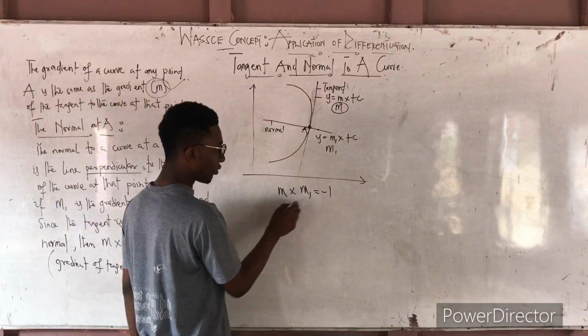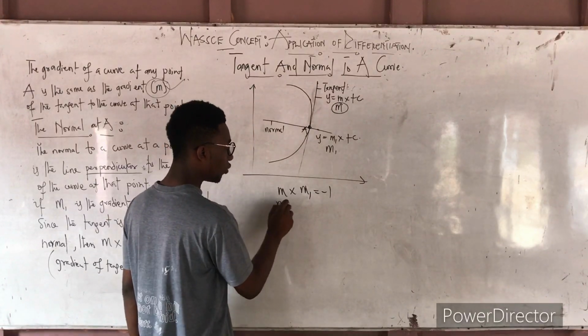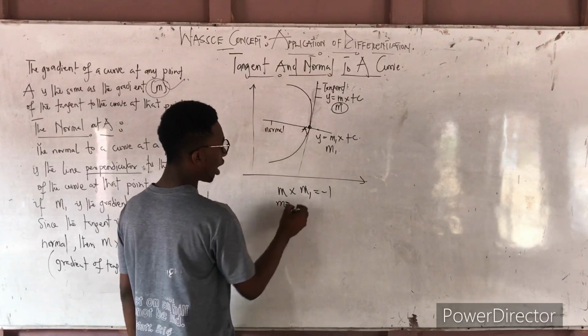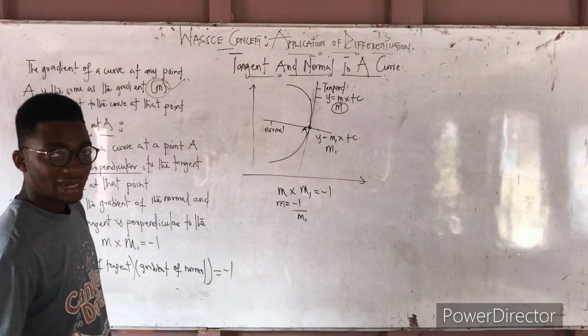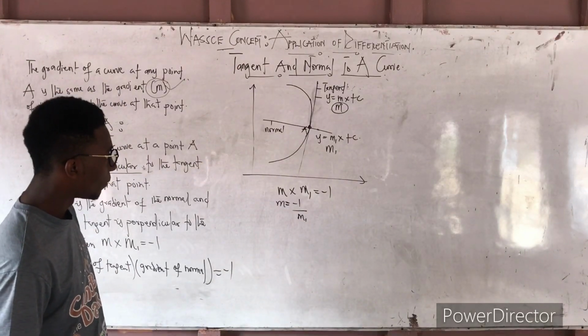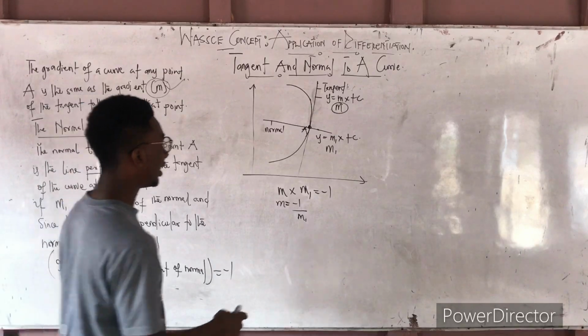So anytime you know the gradient of the normal, the gradient of the tangent is -1 divided by the gradient of the normal. You get it? So this is the normal.